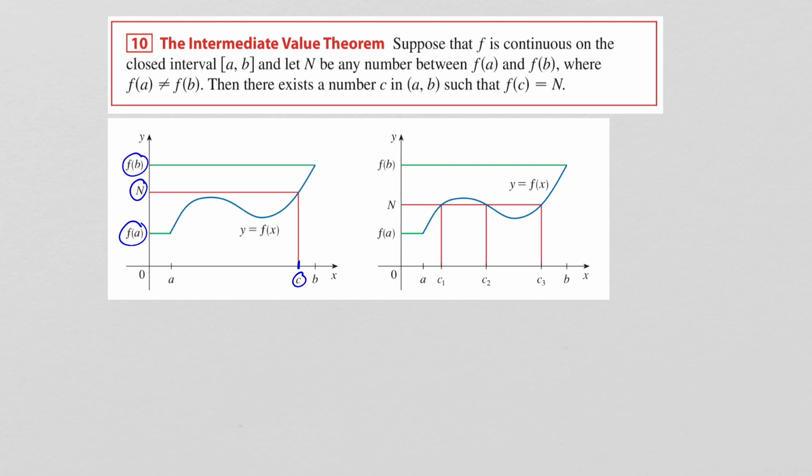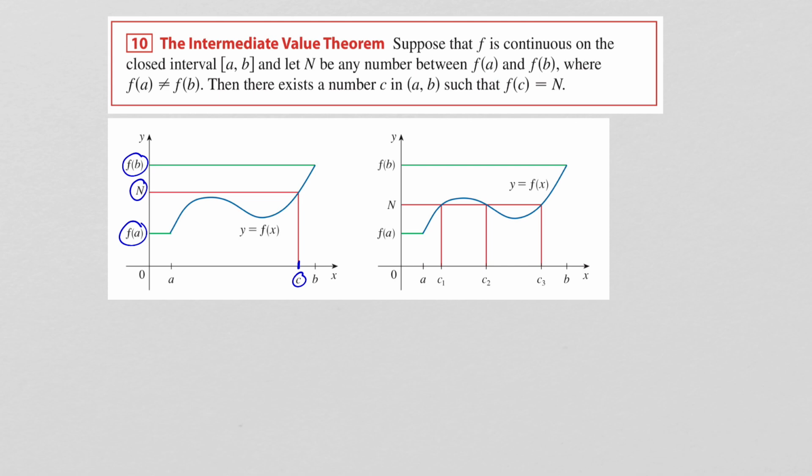Because when I graph this function, I can't lift my pencil off the paper, it is assured that if I pick a number here, when I draw across, I am going to hit that function at least once, meaning that there will be at least one value of c corresponding there.